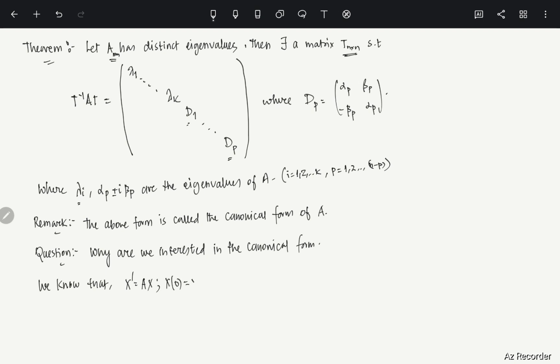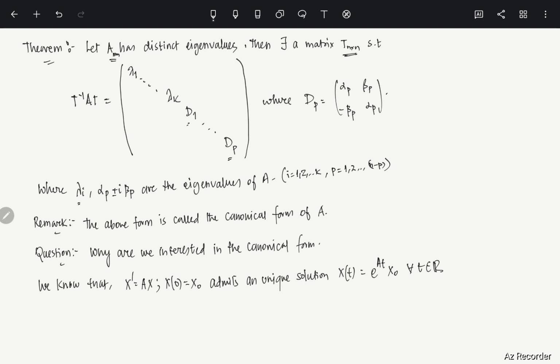Let's just look at this equation. This equation admits a unique solution, and what is the unique solution? It is given by x of t equals e to the power At times x naught, right? That's the unique solution. So this holds for all t in R, right?